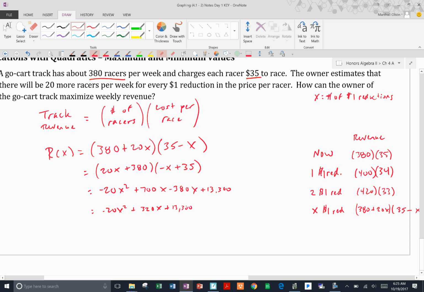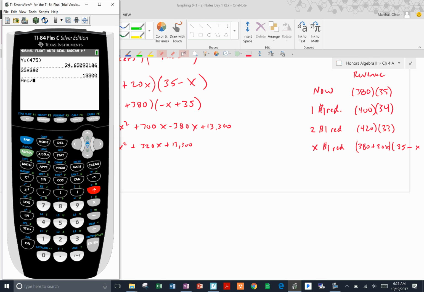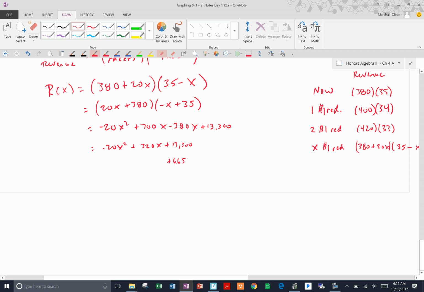Now, I'm pretty sure I can get 20 or at least 10 out of all of those. So let's try dividing each of those values by 20. I get 665 here, 16 for the 320x if I divide by 20.